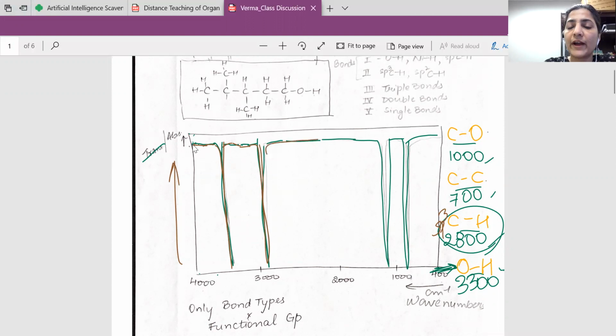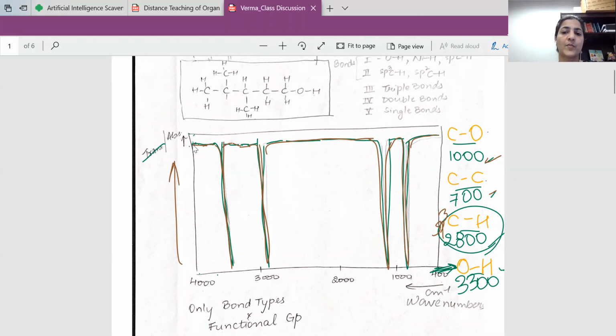You do not have to draw anything for all the wave numbers that we are not concerned with. And in a few minutes, I will let you know which those wave numbers are that you have to focus on and which of the others do you have to ignore. Similarly, we will then have a dip at 1000 and another dip or absorbance at 700.